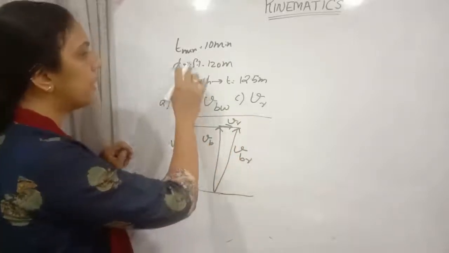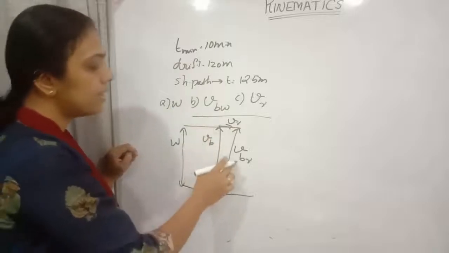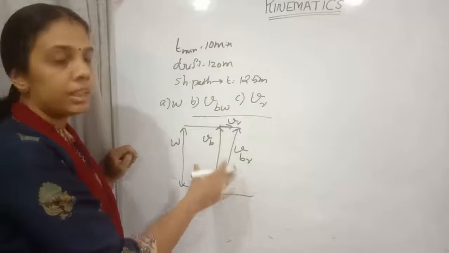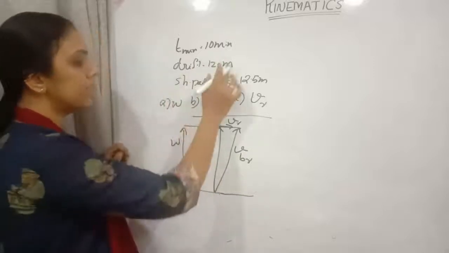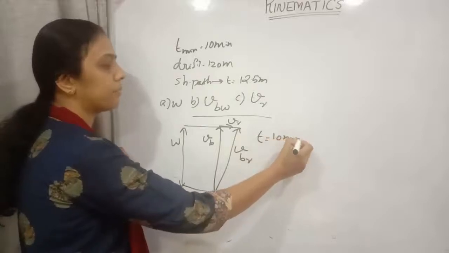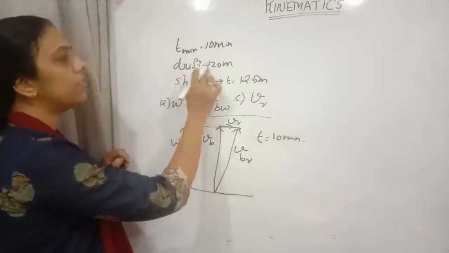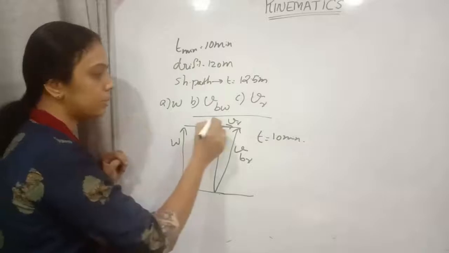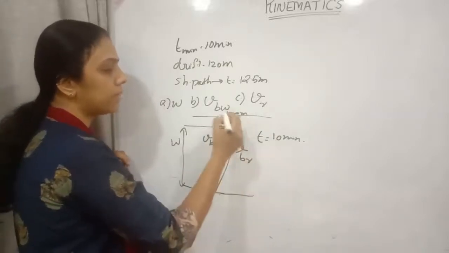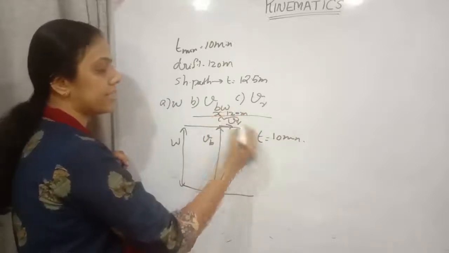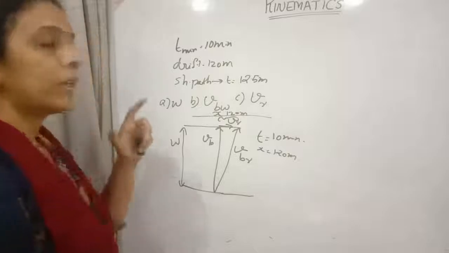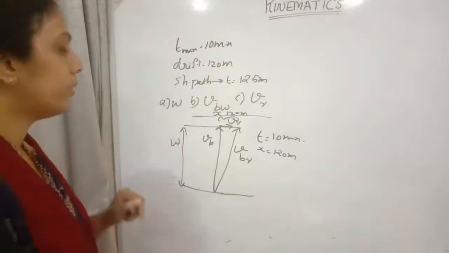If he is taking minimum time, the time required is 10 minutes. Now the drift is 120 meter. I am giving that as x, so x equals 120 meter.